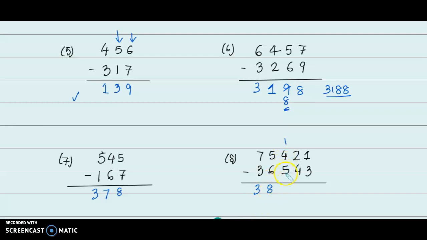Again complement of 5, 5, and plus 4, 9, but this is smaller, so write 8. Complement of 4 is 6, and 6 and 2, 8, but this is smaller, so write 7. And again complement of 3 is 7, plus 1, 8. So your answer is this.